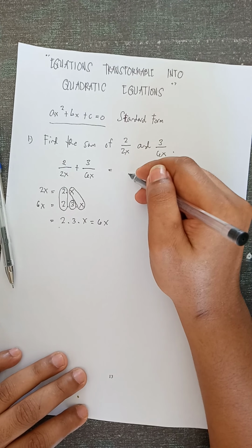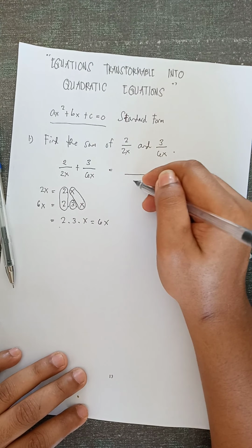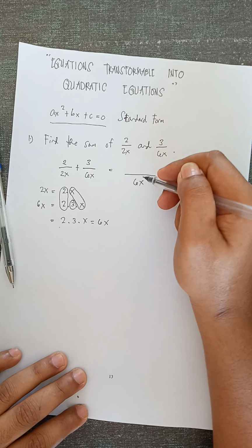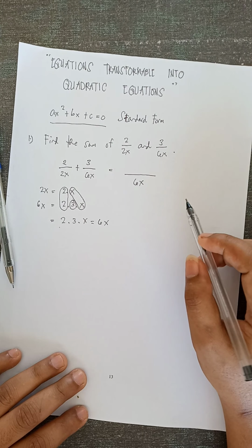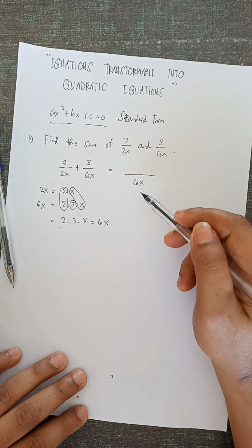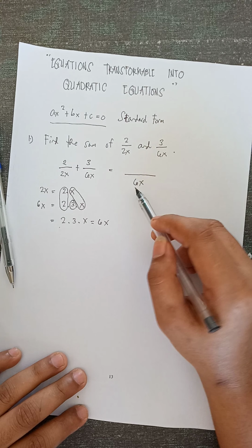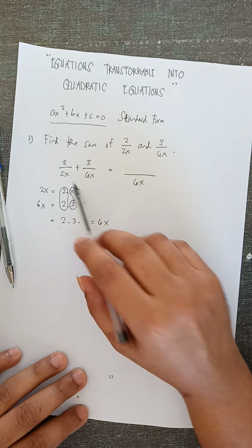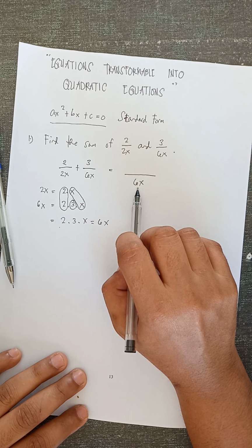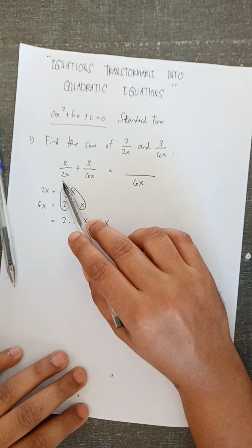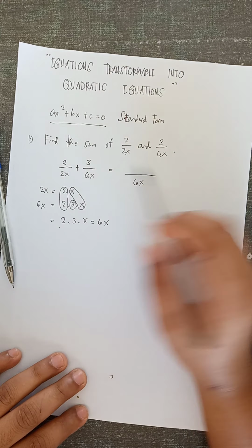What we're going to do is to get the LCD first, 6x. The next step is to divide the LCD by 2x. So we have 6x divided by 2x.